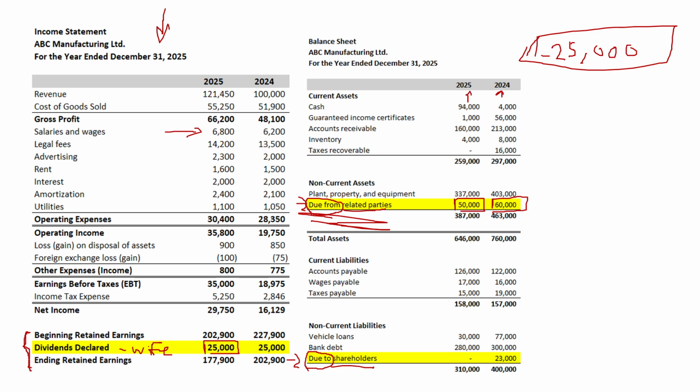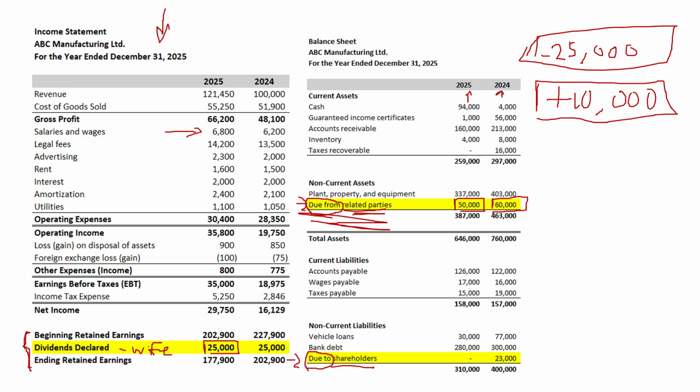So that means Joe actually paid you back $10,000. So here, this is actually money coming in. So we're going to do a plus, okay? Money coming into the company, because distributions isn't always money going out. It could be money coming in. So this is $10,000 from Joe, or in this case, from a related party.